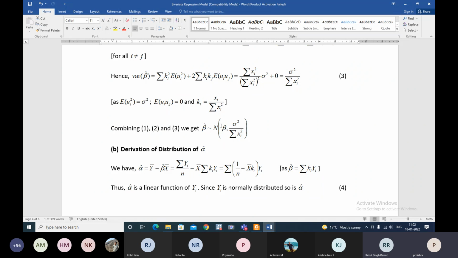Yes, we don't know alpha and beta, but we can get an estimator for each of them. Beta hat is an estimator of beta, alpha hat is an estimator of alpha. The question is whether we can get a similar estimator for sigma square, because sigma square is also unknown.